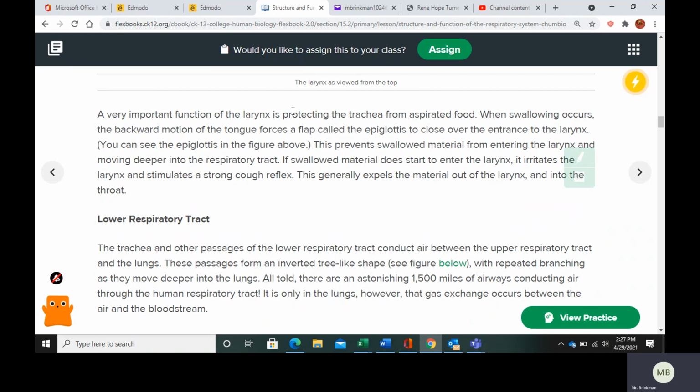When we swallow food, the backward motion of the tongue forces a flap called the epiglottis to close over the entrance to the larynx. This keeps swallowed food from entering the larynx. If food does get into the larynx, you are going to start coughing, and that's your body's way of coughing it up.